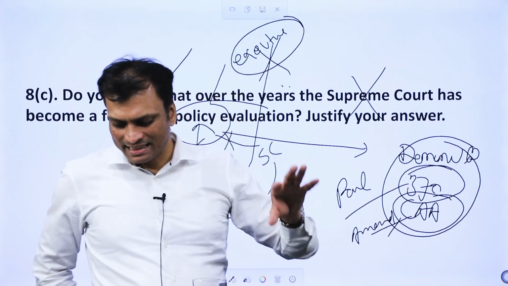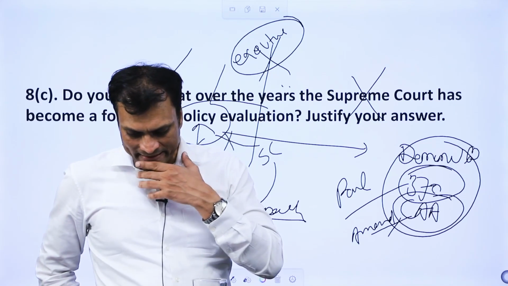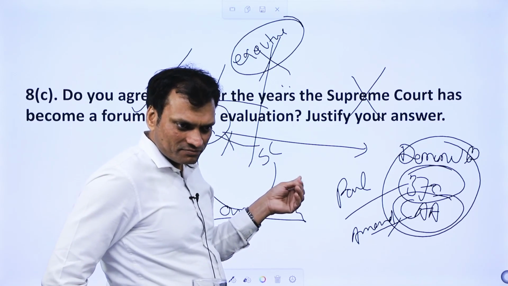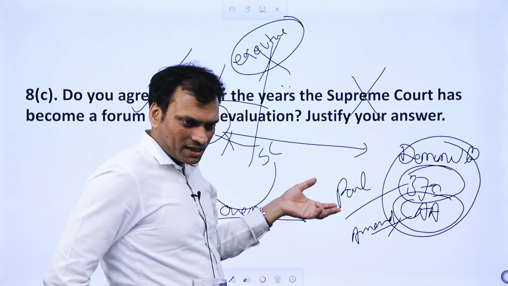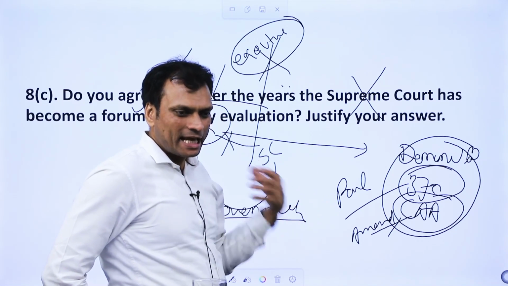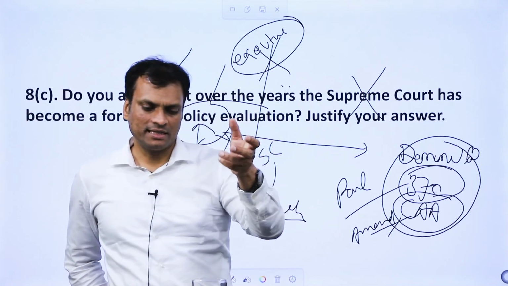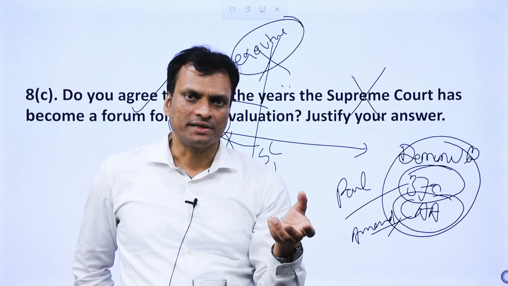So we cannot agree that this has become a forum for policy evaluation, okay, because the Supreme Court makes policy only when there is a grave human rights violation, right? Like, see, there is a case, Ashwini Kumar versus Union of India 2020.